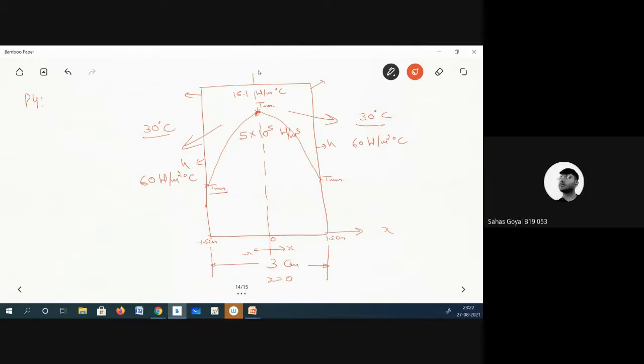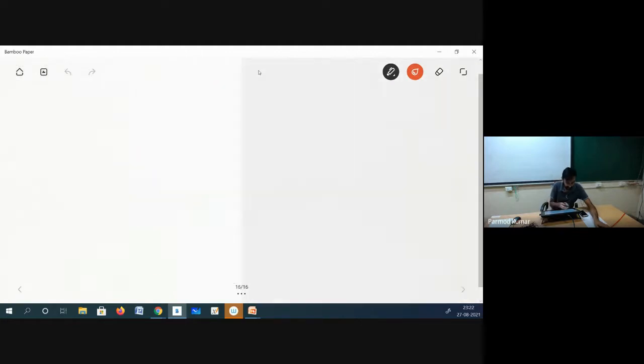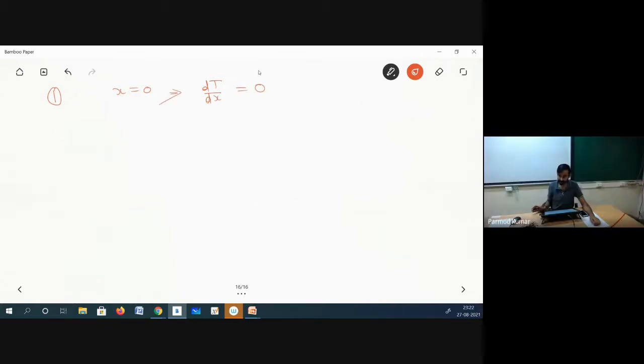Fine. So can I write the first boundary condition as at x equal to 0, dT by dx is equal to 0? Can I write it like this? Yes, sir. All are okay with this?